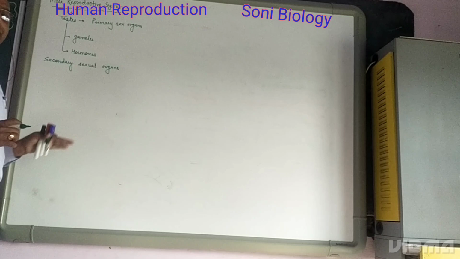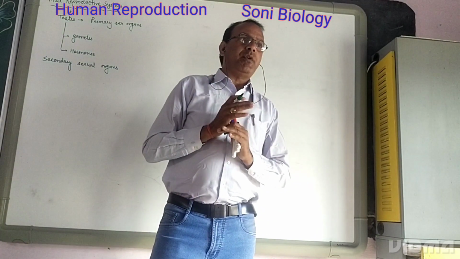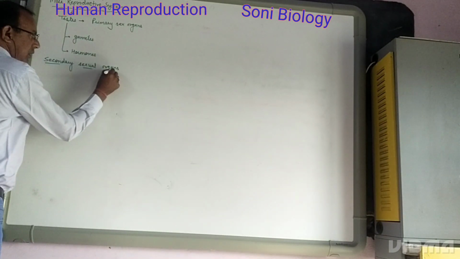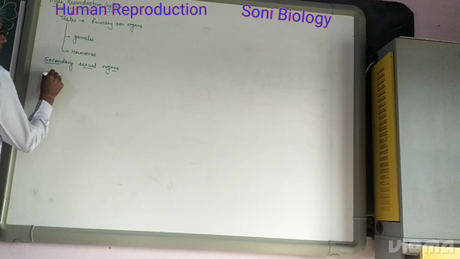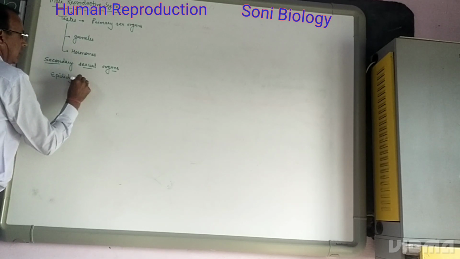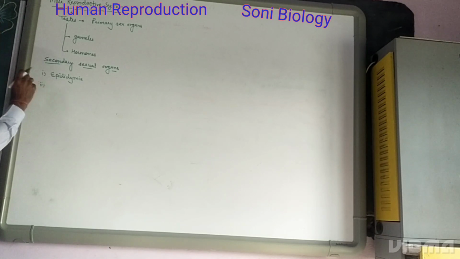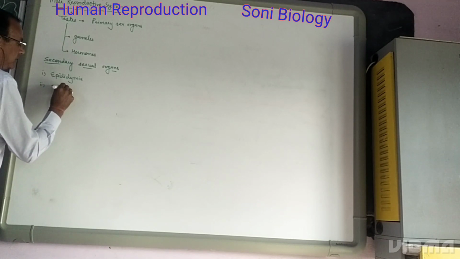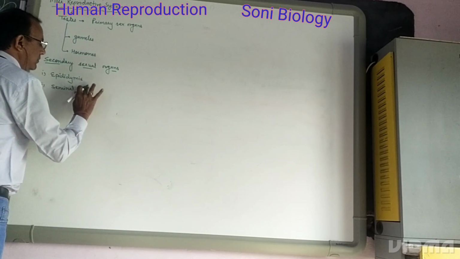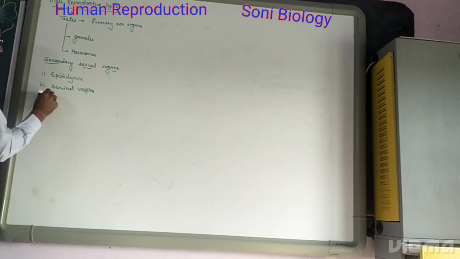Under the influence of gametes and hormones, some other organs develop and help in reproduction. Those organs are called secondary sexual organs, and those are the epididymis, seminal vesicle gland, and the prostate gland.